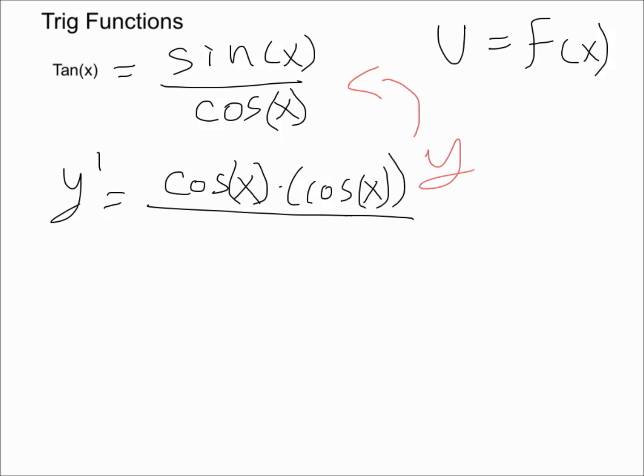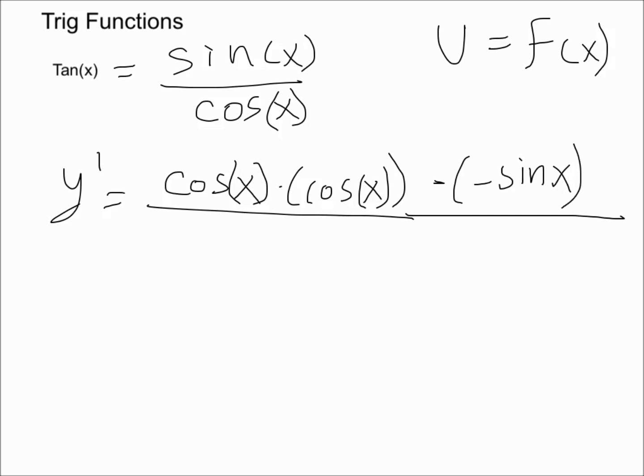This cosine x is the derivative of sine x, and then we have minus negative sine x, which is the derivative of cosine x, times sine of x, over cosine of x squared.